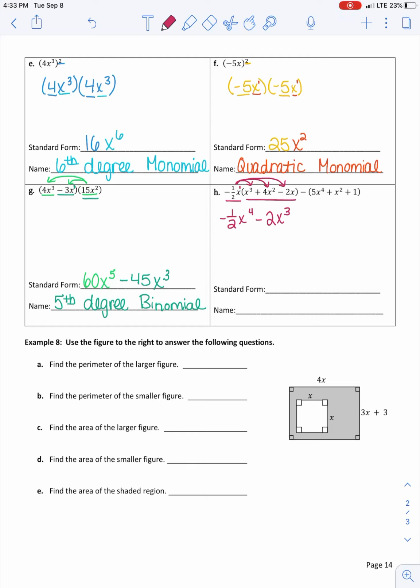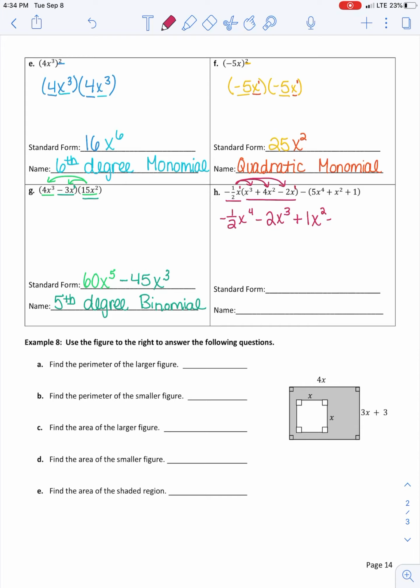Then we have that negative 1/2 x times negative 2x. So negative 1/2 times negative 2 gives me a positive 1. And then we have x squared because we have a 1 on that negative 1/2 x, and we also have an exponent of 1 on negative 2x.